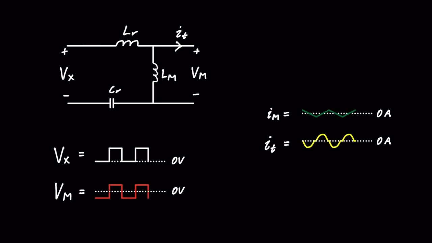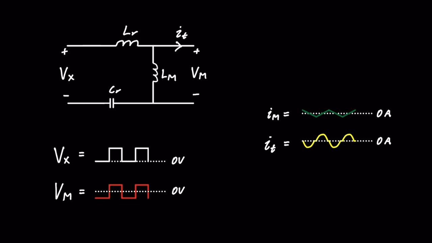Now I want to look at the resonant tank, which is this one. We have a voltage Vx, which comes from the half bridge, and then we have Vm, which is the voltage over this Lm inductor, or the primary voltage of the ideal transformer, because the transformer is here.